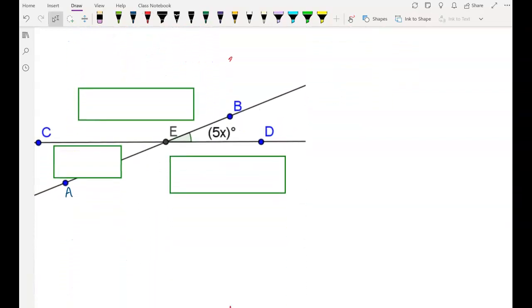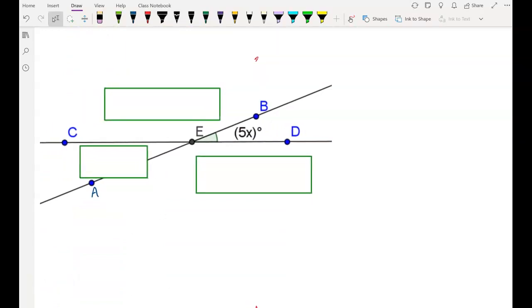Holy cow, look at this bad boy. Now this one says that the measure of this angle right here is 5x degrees. Well, what the heck? What are they wanting us to do here? Well, if the measure of this angle right here is 5x, what's the measure of this angle over here?